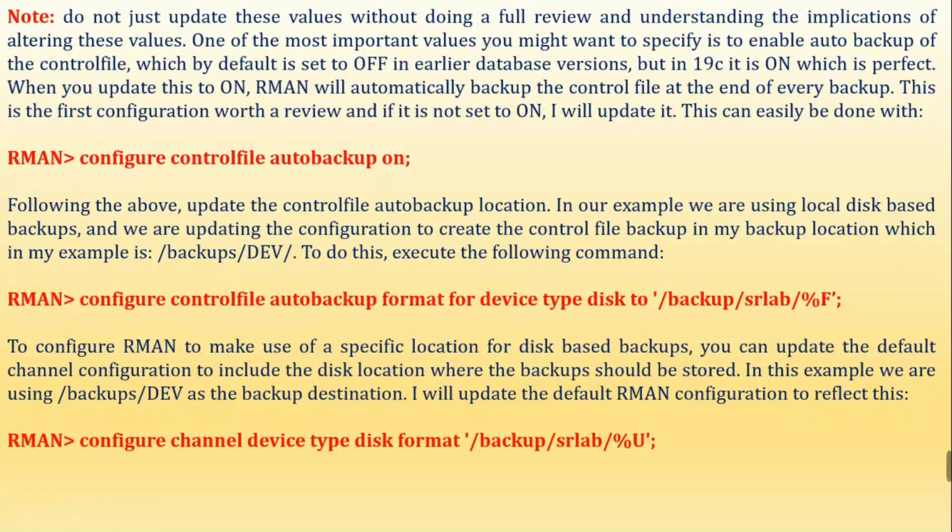Next, to configure RMAN to make use of a specific location for disk-based backups, you can update the default channel configuration to include the disk location where the backup should be stored. In this example, we are using backups, something like database name, instance name, as the backup destination. I will update the default RMAN configuration to reflect this.